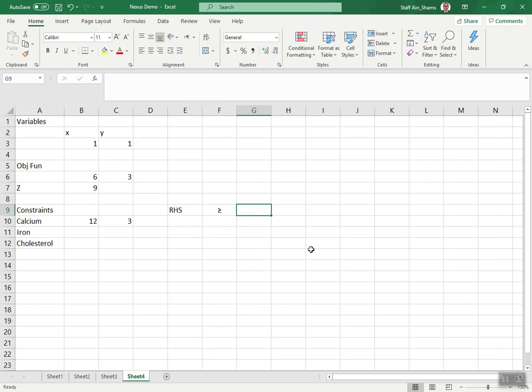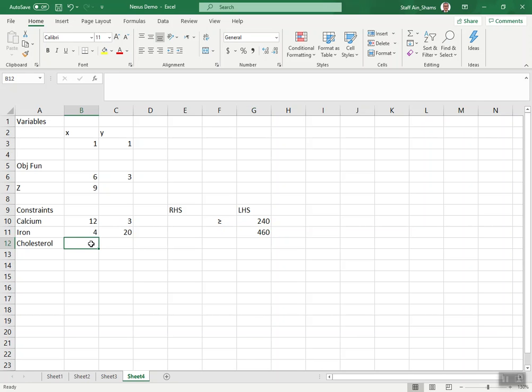And then the right hand side will be 240 according to the previous table. For iron, it will be 4 here and 20 here, and the right hand side is 460.